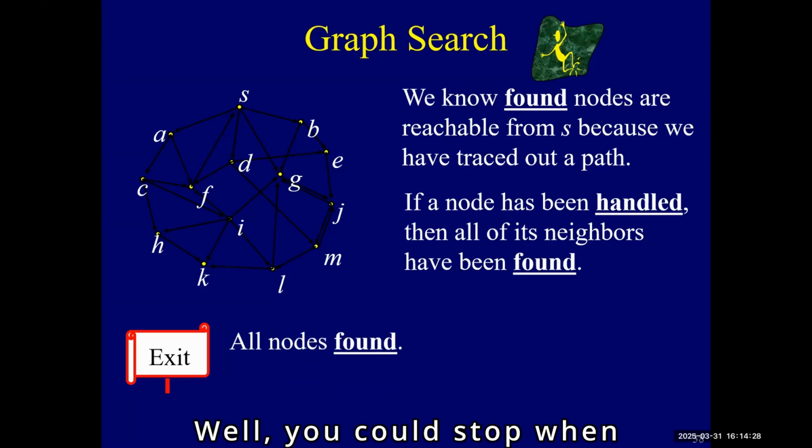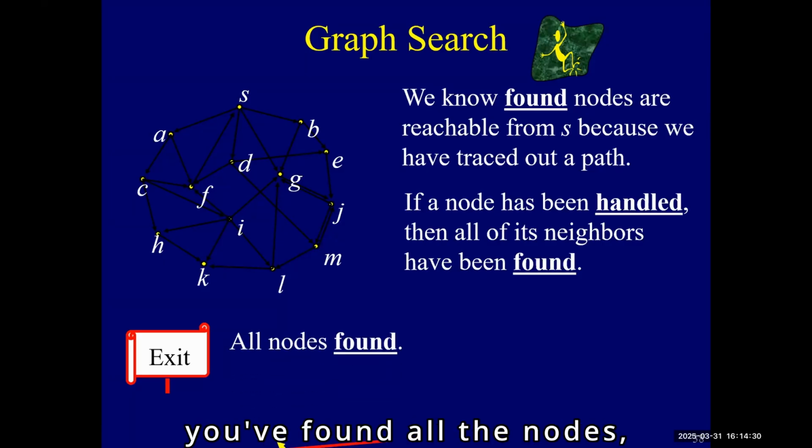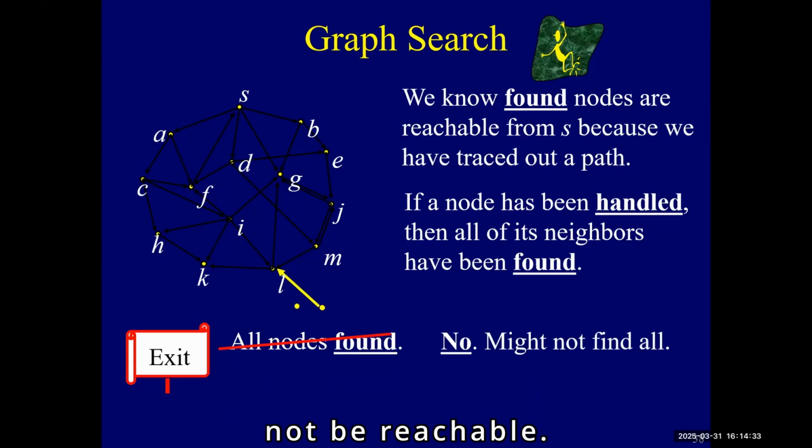Well, you could stop when you've found all the nodes, but some nodes might not be reachable. That's the whole point. Yeah? I don't know what an empty node is.